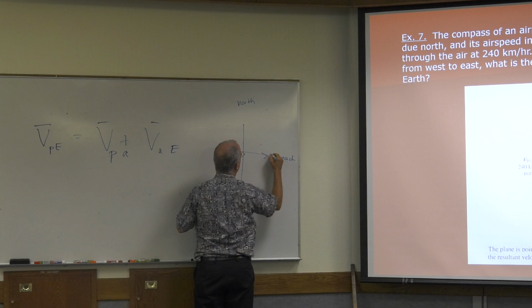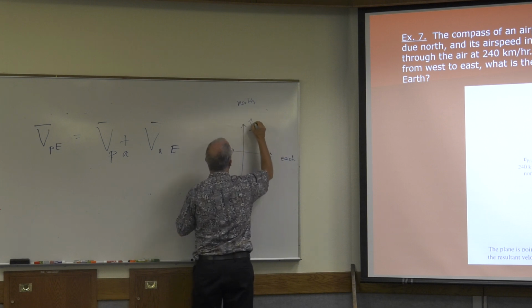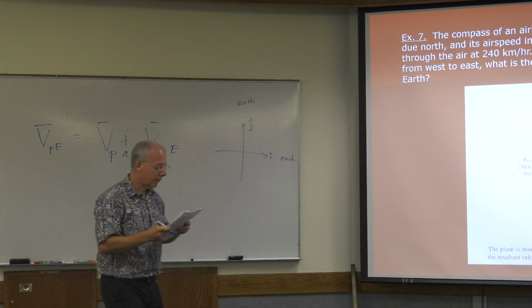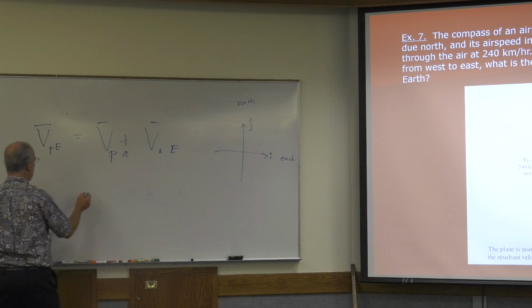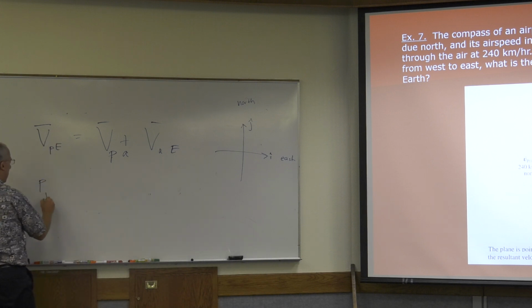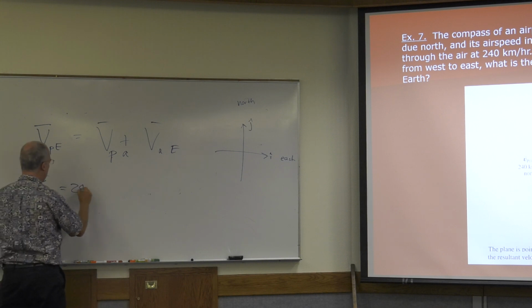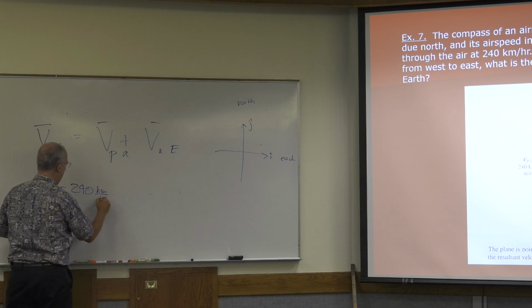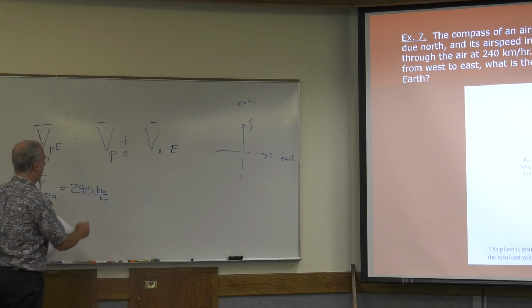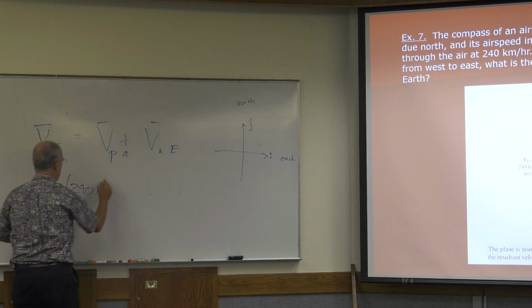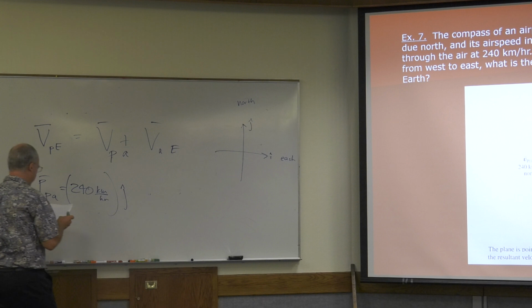Let's call this I and J, just like we always do. So the velocity of the plane relative to the air is 240 kilometers per hour, and it's north, so it's J.